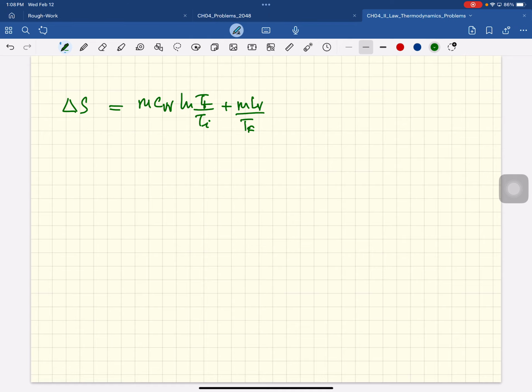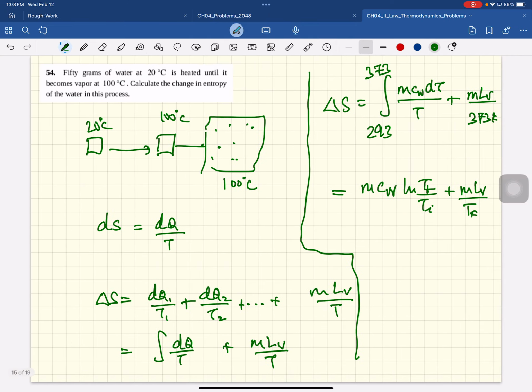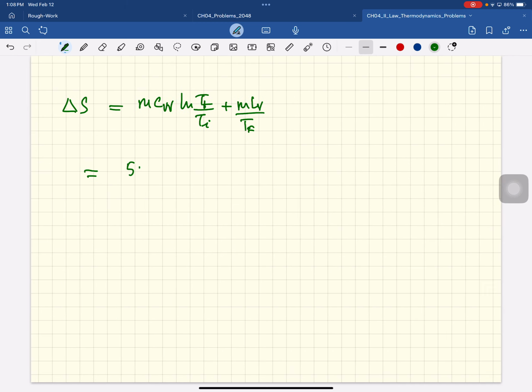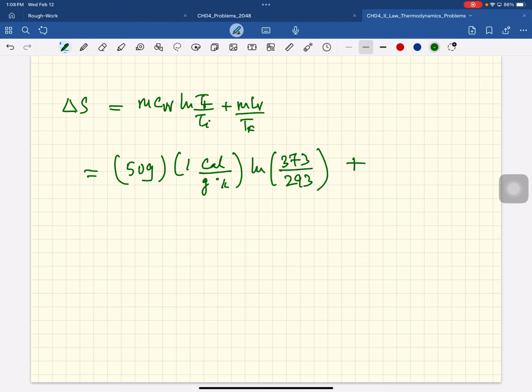So that's the change in entropy in taking 50 grams of water. So 50 grams, and the specific heat of water is 1 calorie per gram per degree Kelvin or Celsius. 373 divided by 293, plus 50 grams and 540 calories per gram.